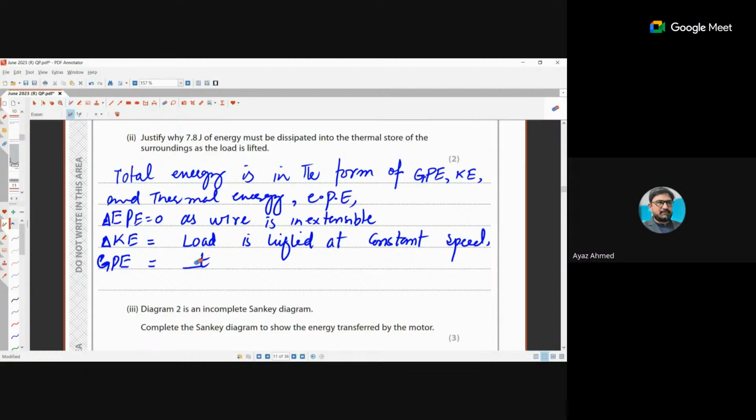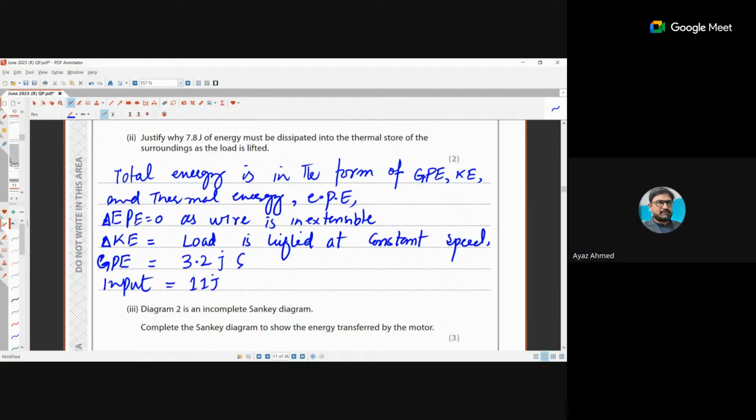So GPE is the only energy gained over there, that is 3.2 joules. So what is the input? The input is 11 joules.